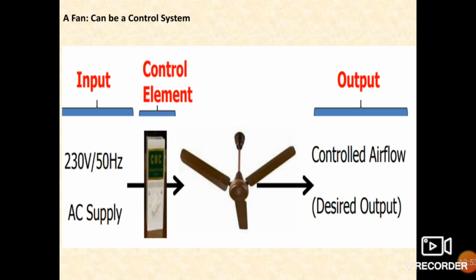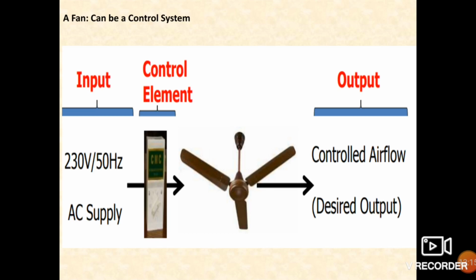If you want more airflow from the fan, you can increase the speed of the fan by using the regulator. So here the regulator acts as a control element. Using the regulator, we are increasing the rotation of the blades in the fan, thus generating a controlled airflow.